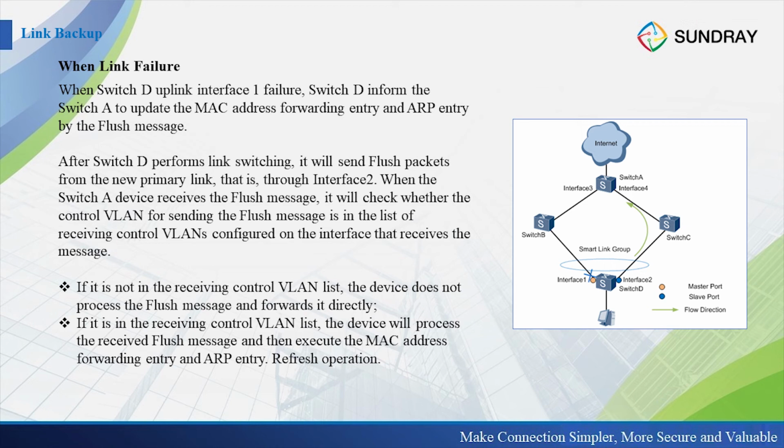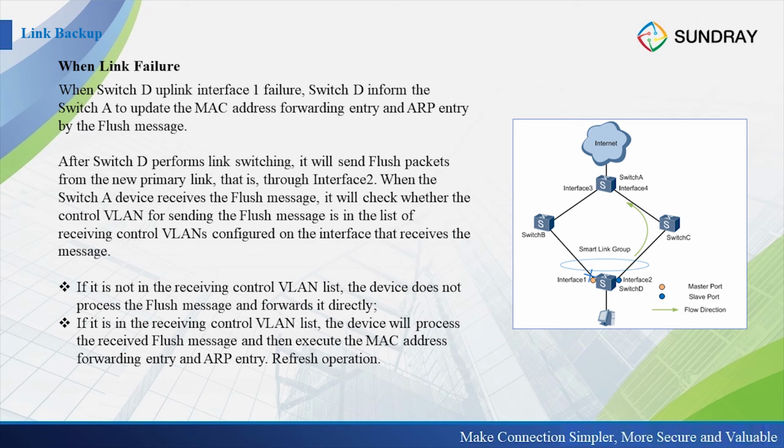At this time, switch C will check the flush packets to see whether the VLAN information of the packets is allowed by switch C. If it's allowed, then the data can be transmitted by switch C to switch A.